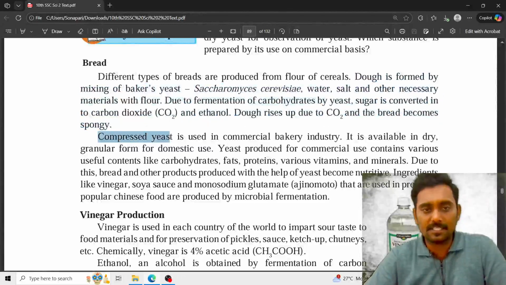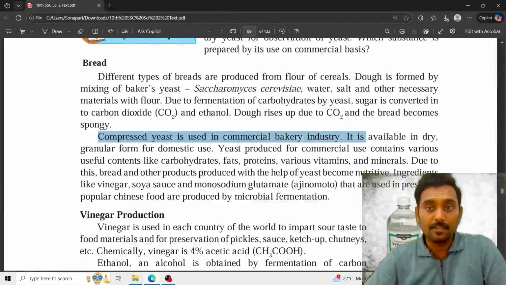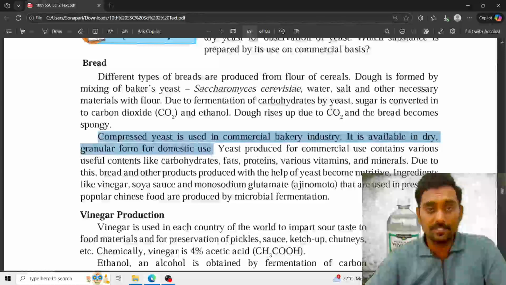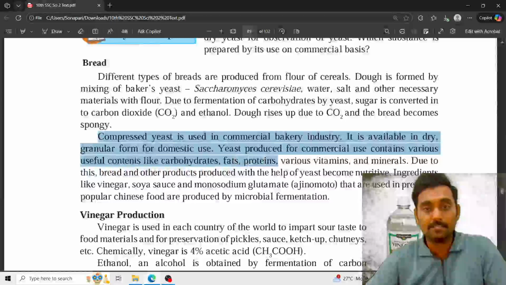This compressed yeast is used in the commercial bakery industry. It is available in dry granular form for domestic use. Yeast produced for commercial use contains various useful contents like carbohydrates, fats, proteins, various vitamins and minerals.